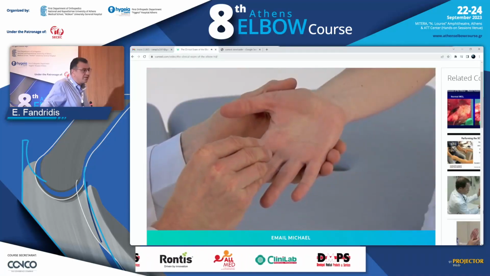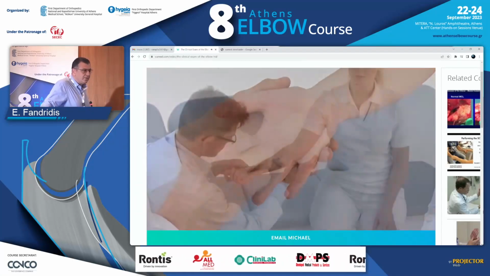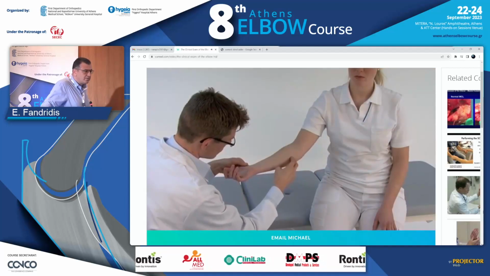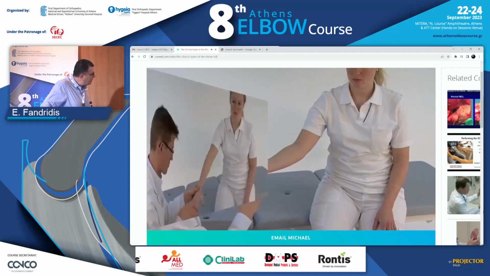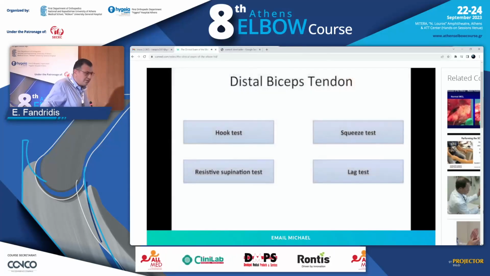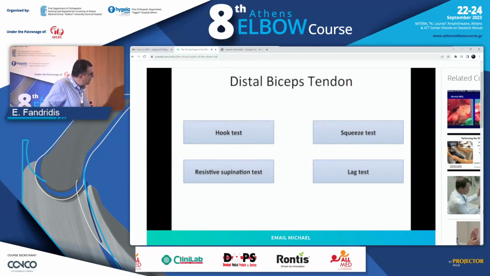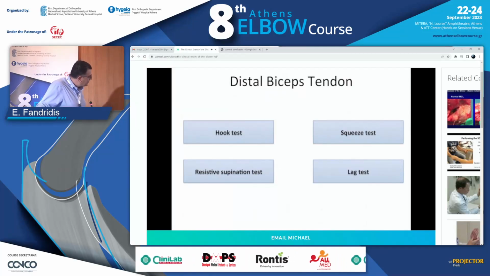And of course, the sensation, the sensitivity coming from the ulnar nerve, you know, the small and the ring finger, these 2.5 surfaces. In this region, the strength of the interossei and the abduction of the fingers and the thumb. Distal biceps tendon: hook test, squeeze test, lag test.